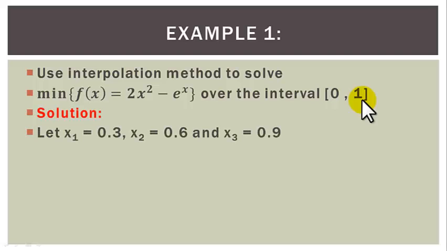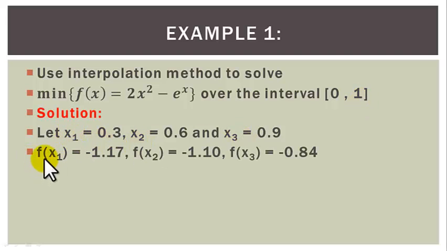Let us select our 3 points x1, x2, x3 as follows. x1 equal to 0.3, x2 equals to 0.6, and x3 equals to 0.9. Please observe that the 3 points x1, x2, and x3 are all contained in the interval from 0 to 1.